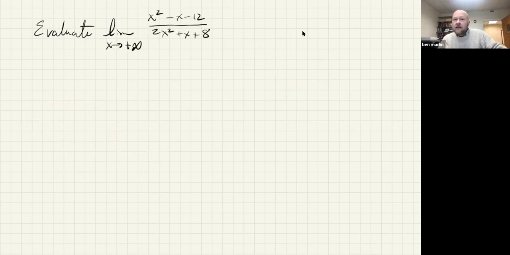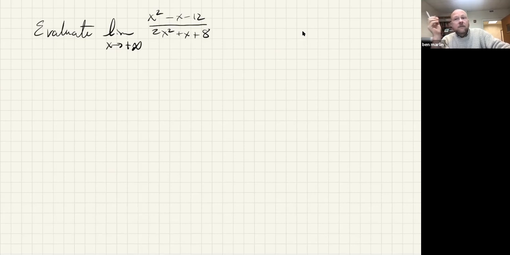All right, here is something that if you've seen in a pre-calculus class, this is what you've dealt with. If you've got polynomials on the top and the bottom, and you've got your x going to infinity or minus infinity, you have 3 cases. Either the degree on the top and bottom is the same, or the degree on the top is smaller, or the degree on the bottom is smaller, okay?